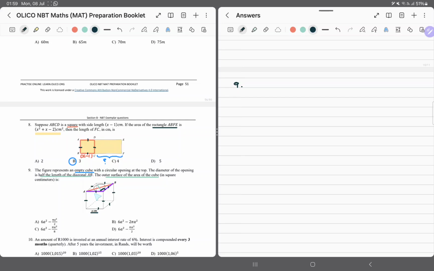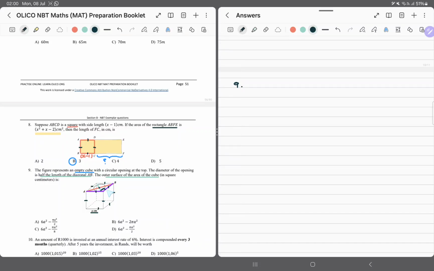So we can find AB using Pythagoras. And then from Pythagoras, we can find this diameter, because that diameter is half of AB. And from that diameter, we can find the radius of this circle from its center over here. Then we can use the area of this circle.